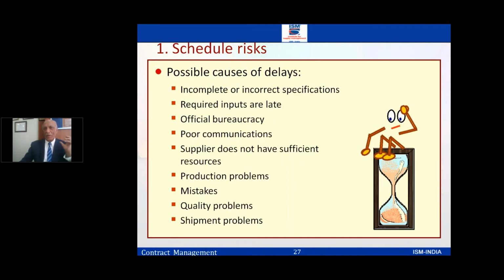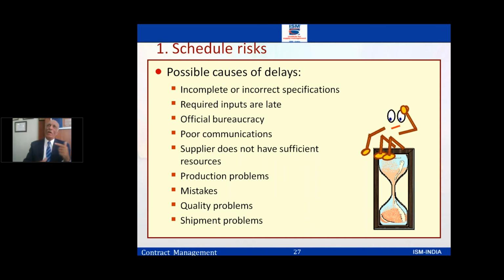Now, when it comes to the delivery risk or schedule risk, around the possible causes, you need to know about incomplete and incorrect specs. You wrote down the spec, and now the supplier is struggling to understand it. The back and forth, the correspondence is going on. That could affect the delivery schedule risk. Required inputs are late. We were supposed to give them some data, and it's not coming.